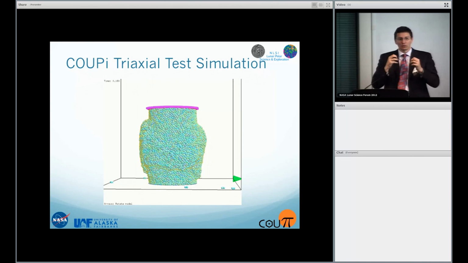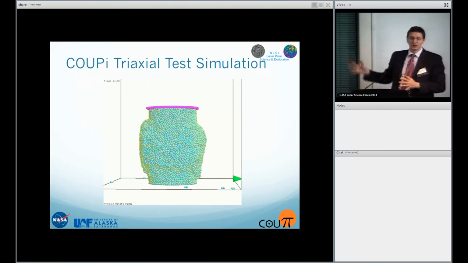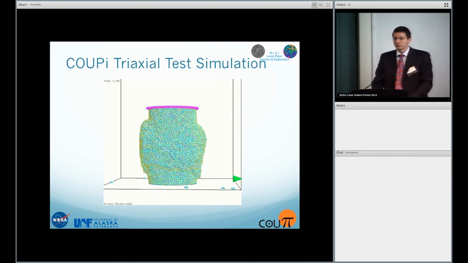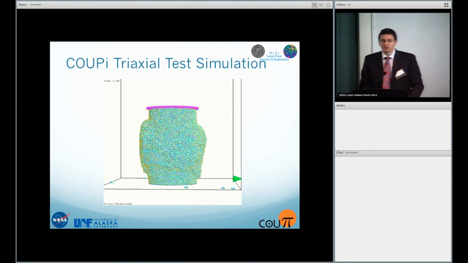You can measure all the contact properties, put it all together and compare with the experiments. That was done, and we will continue, of course, to do it to calibrate and validate the models. There are papers published. Okay. Thank you.